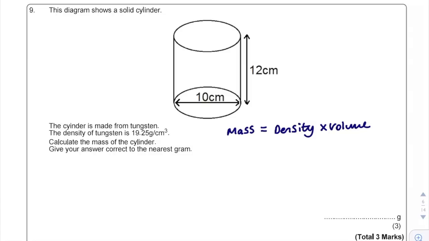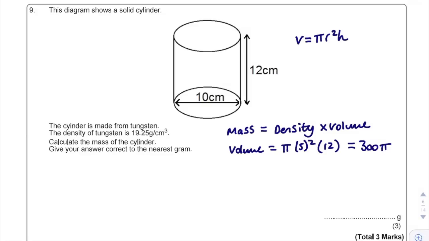So the formula for the volume of a cylinder is pi r squared multiplied by the height. So we know what the diameter of this cylinder is, that's 10 centimeters. So to work out the radius, that's going to be 5 centimeters. So the volume is going to be pi multiplied by 5 squared times the height, which is 12. If you simplify that, we're doing 25 times 12 times pi, so we get 300 pi.